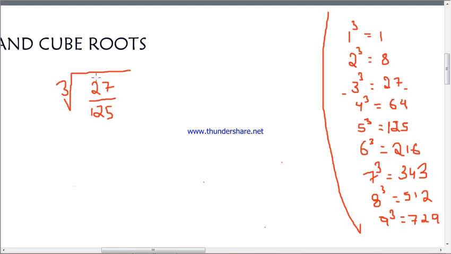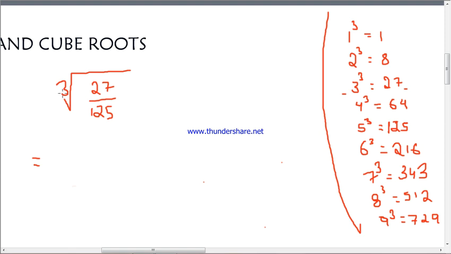So it is your choice whether you want to do it with the prime factorization method or with this method I am discussing right now. This method is super easy, but the main thing is that you have to know the cubes of numbers till 9 by heart. If you know this by heart, the cube root chapter becomes super easy.